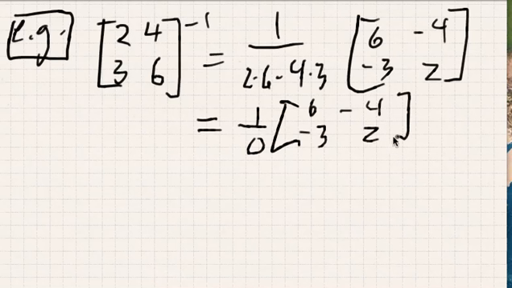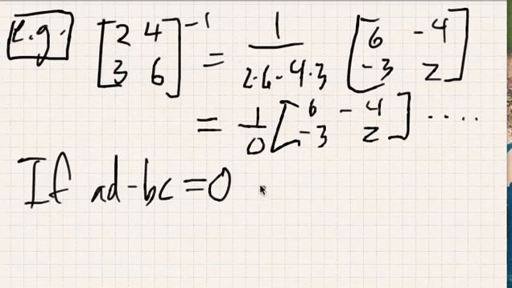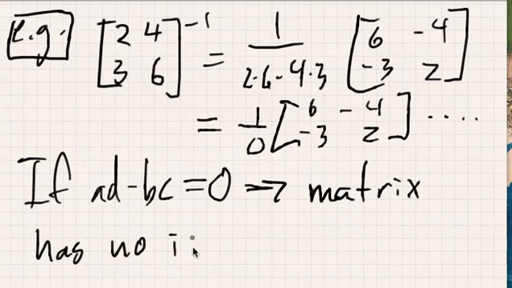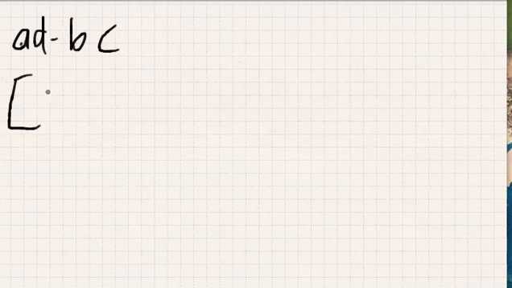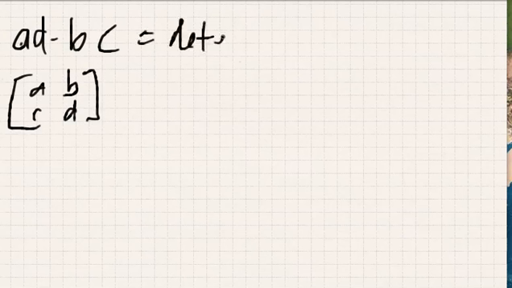So that actually leads to a problem. It turns out that if AD minus BC is equal to 0, then the matrix has no inverse. So what we call this quantity AD minus BC for a 2 by 2 matrix A, B, C, D, we call this the determinant.